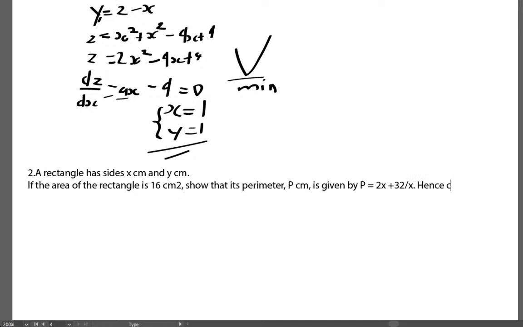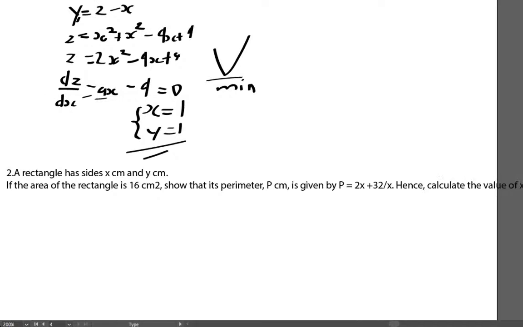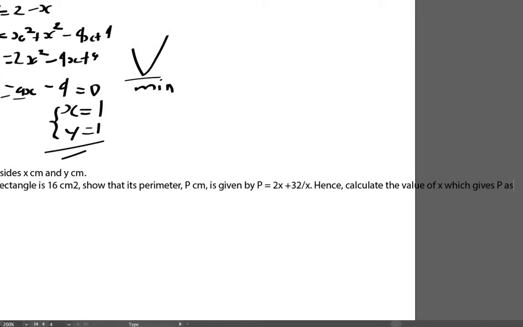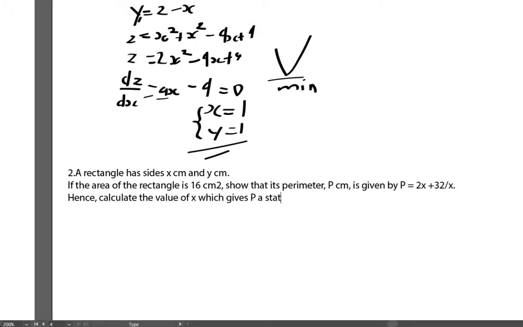Hence, calculate the value of x which gives p a stationary value, and show that this value of p is a minimum.